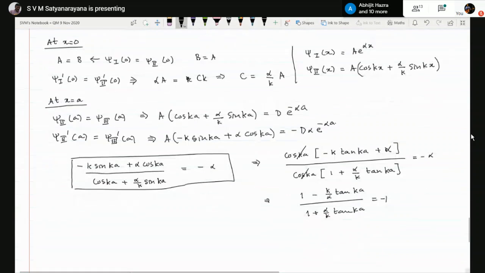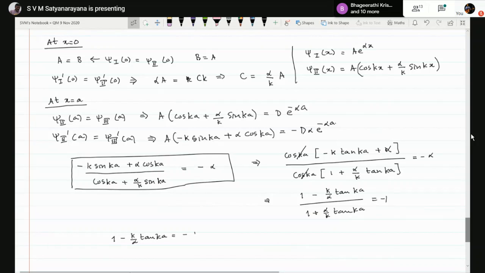Or you can write this as 1 minus k by alpha tan ka is equal to minus 1 minus alpha by k tan ka.